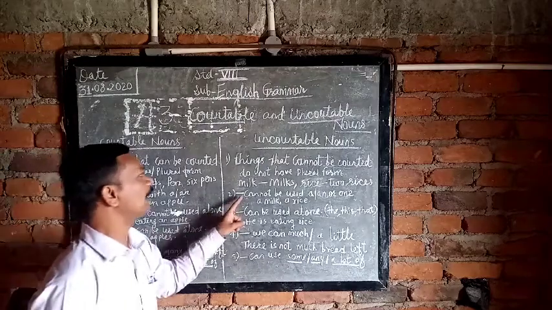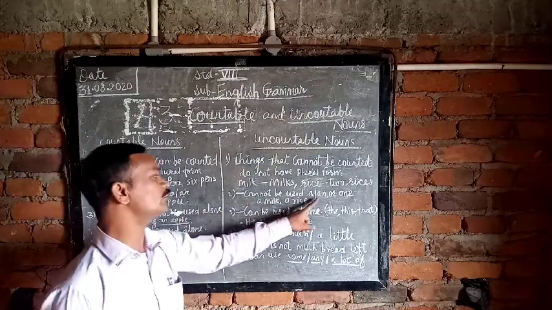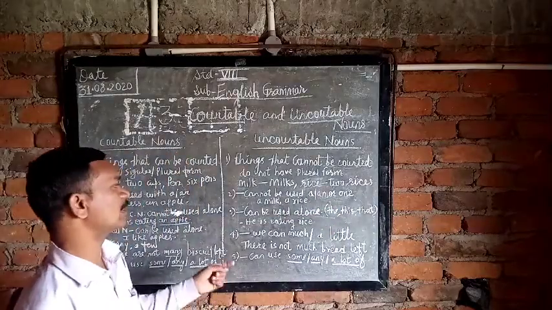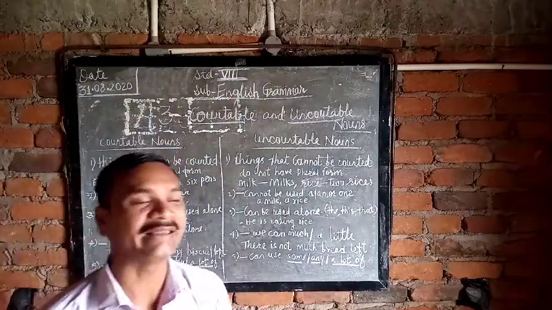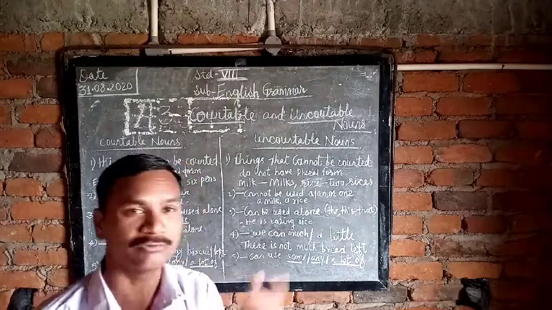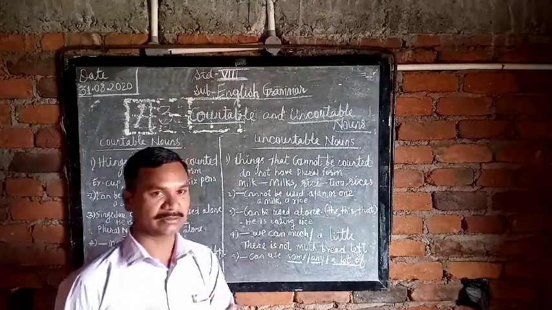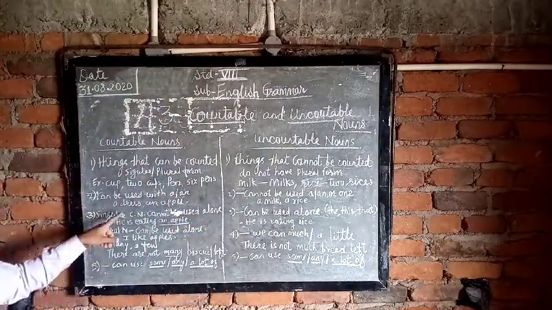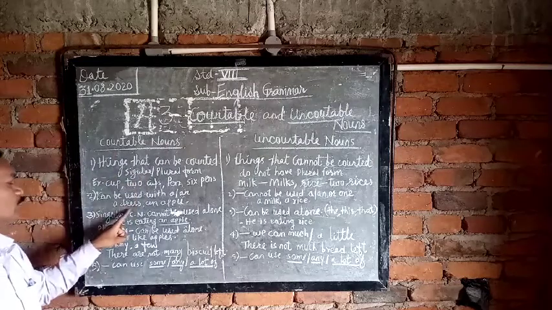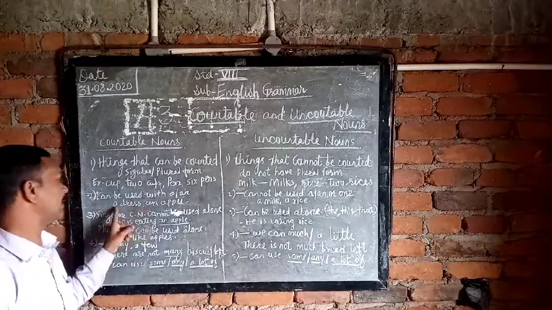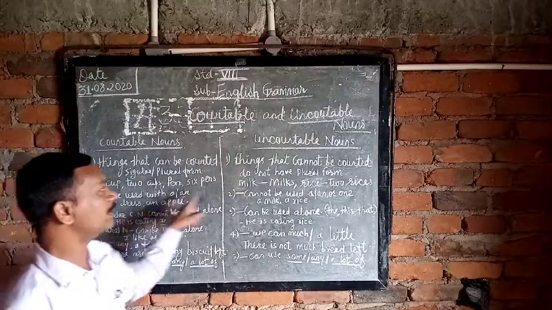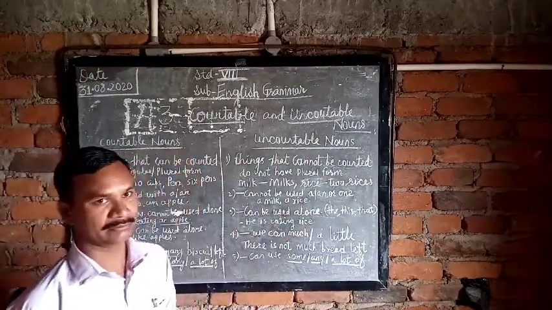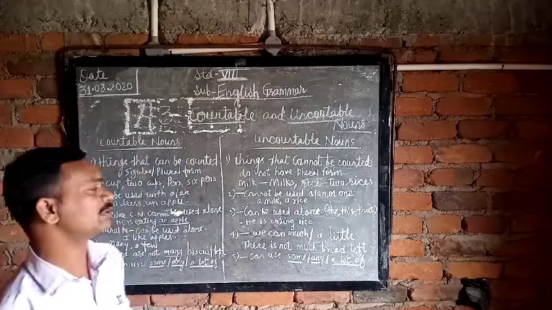But uncountable nouns cannot be used with a and an. We cannot say a milk, an milk. We cannot say a rice, an rice. So this is the difference: in countable nouns we can use a dress, an apple, but in uncountable nouns we do not use a and an. This is the second difference.